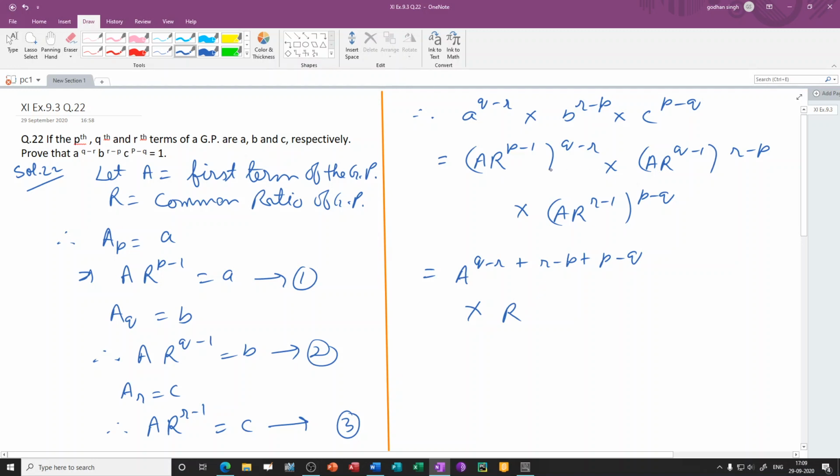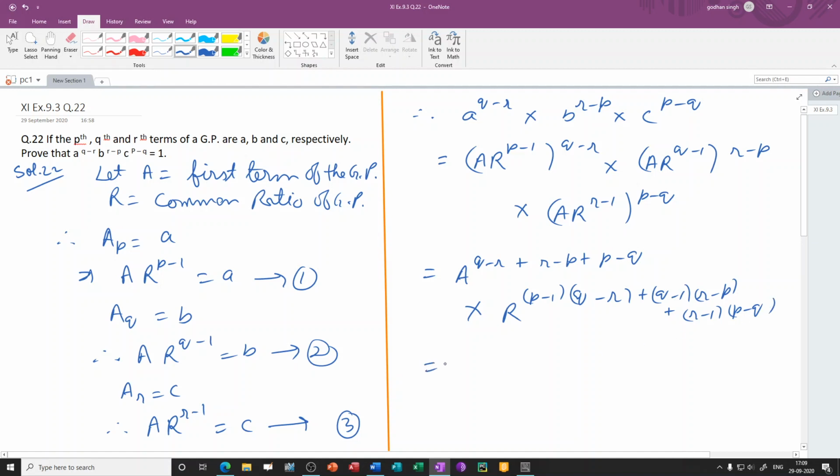So R is here, here also R, we are having capital R, here is capital R. So now we can add the exponent of these capital R. So this will become R raised to p minus 1 into q minus r plus q minus 1 into r minus p plus r minus 1 into p minus q.